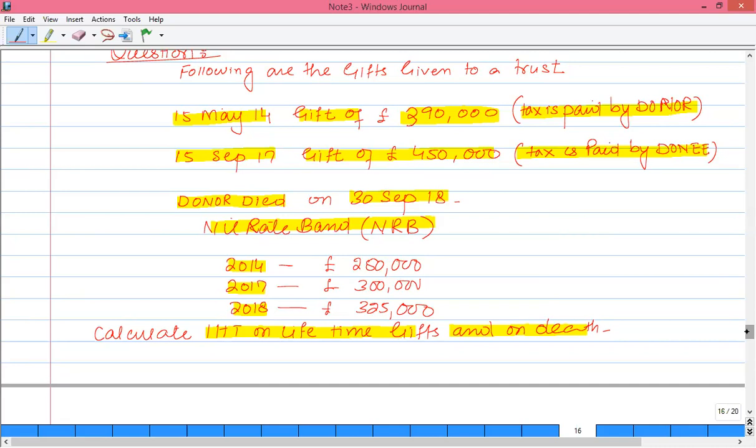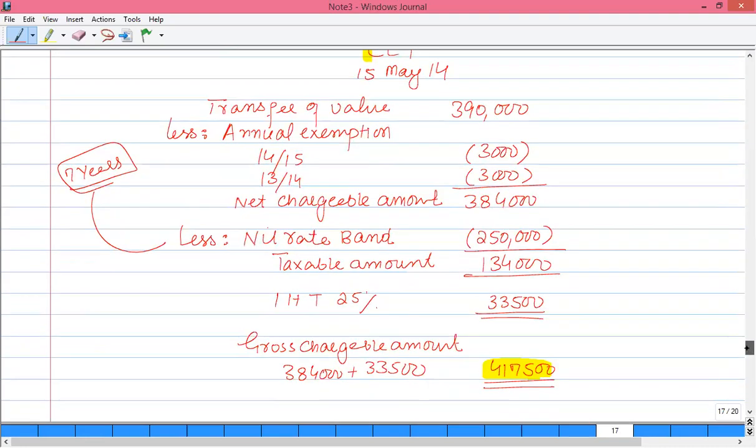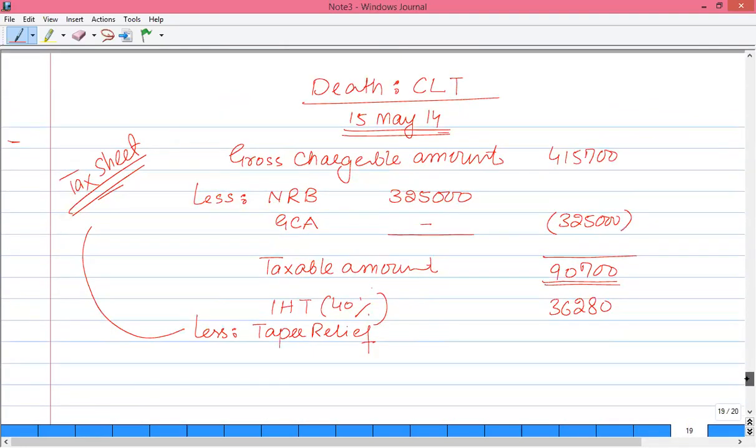If we count it, then it's 15, 16, 17, and 18. From May 14 till April 15 is 1 year, then 16 is the second year, then 17 is the third year, and then April 18 is the fourth year. So this is between 4 and 5 years, and we can say that the taper relief is 40%.